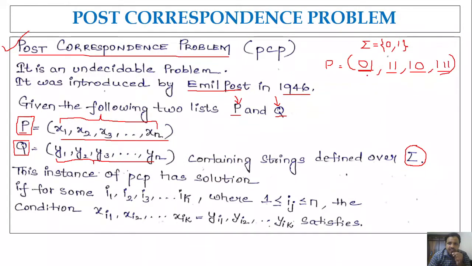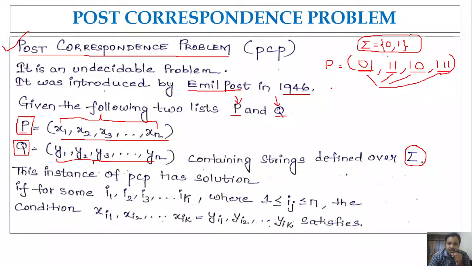These are the four strings x1, x2, x3, x4, and they are defined over the alphabet set sigma. In P, how many strings are there? How many items are there?